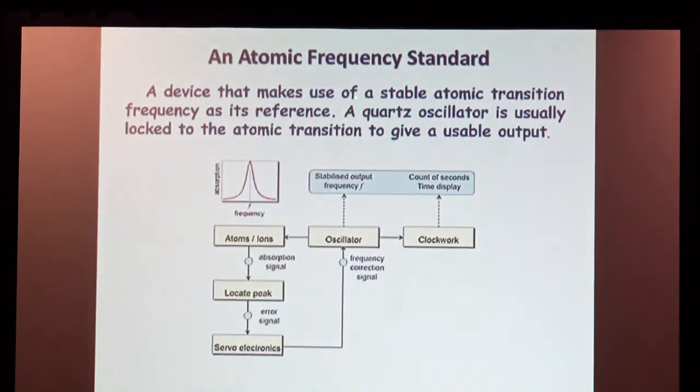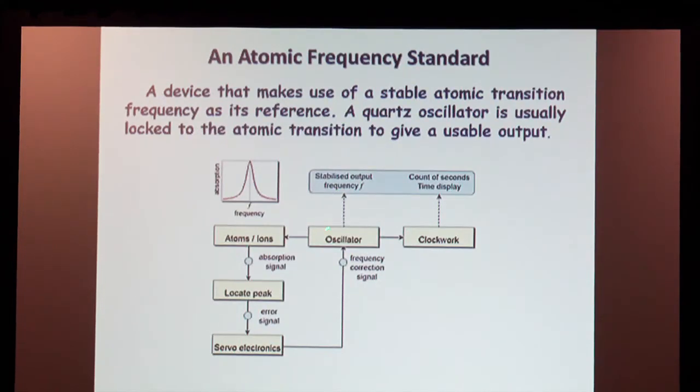So inside an atomic clock, basically what we do is, it's a device that makes use of a stable atomic transition frequency as its reference, with a quartz oscillator. Because the atomic frequencies, these transition frequencies are weird numbers, and also the signal that comes out of the atoms is very, very weak. So usually we use a quartz oscillator and lock it to the atomic transition to give a usable output of an atomic clock. So the schematic looks something like this.